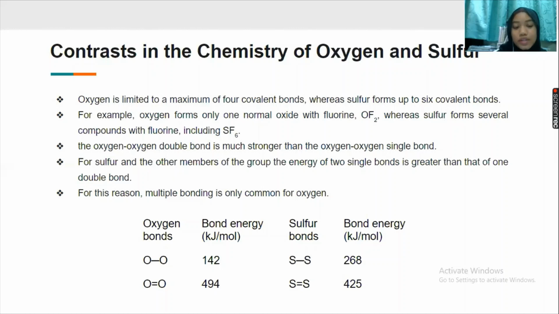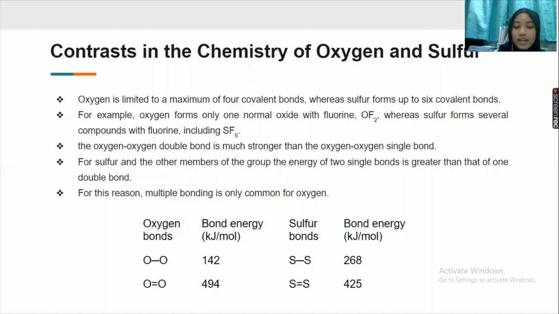Here in the table, we can see the oxygen-oxygen single bond energy gives 142 kJ per mole, while the sulfur-sulfur single bond is 268 kJ per mole. For the oxygen-oxygen double bond, the bond energy is 494 kJ per mole, while the sulfur double bond is 425 kJ per mole.